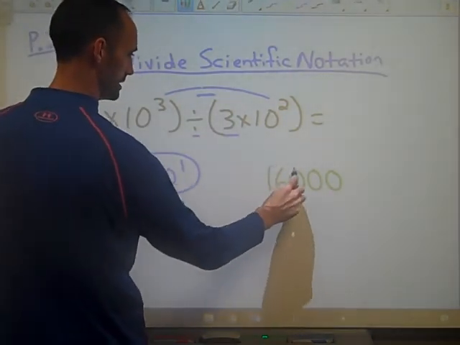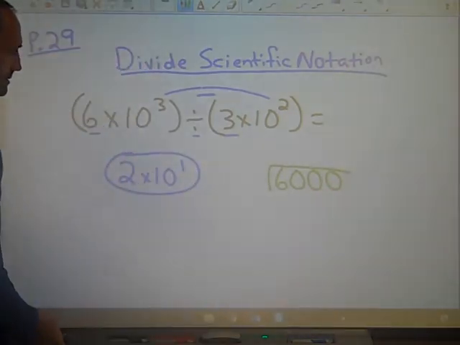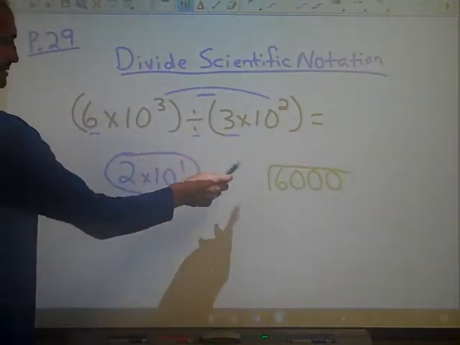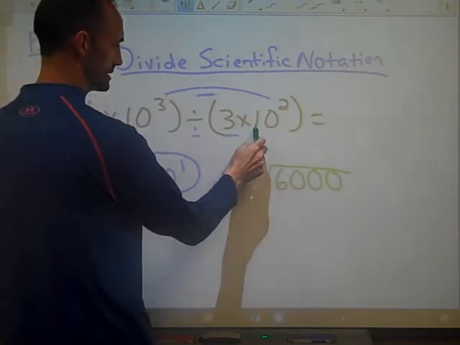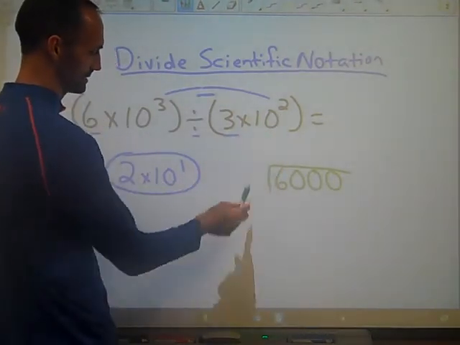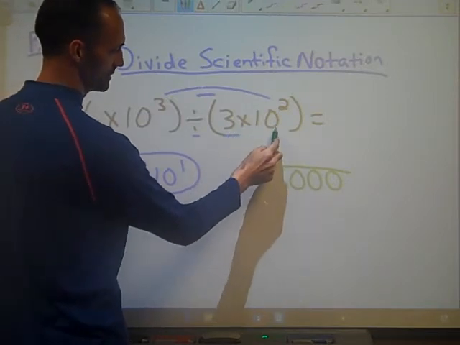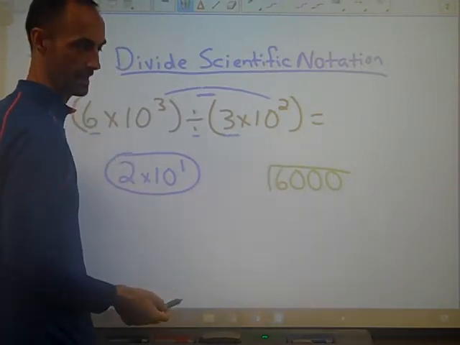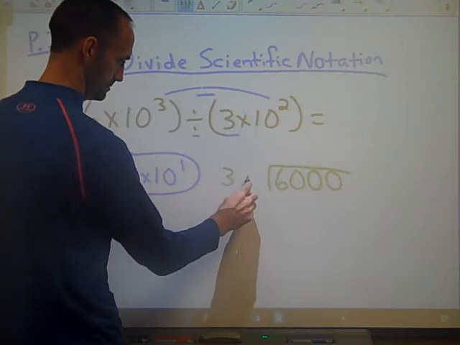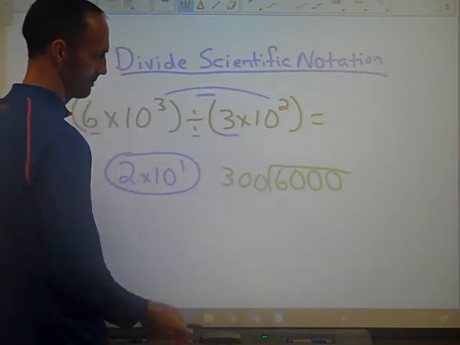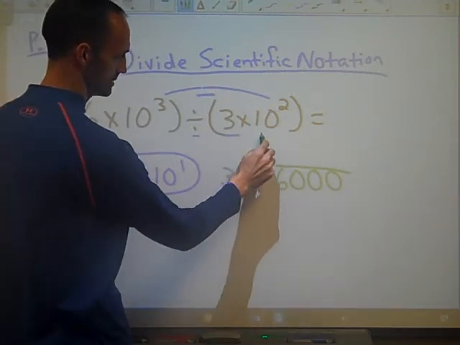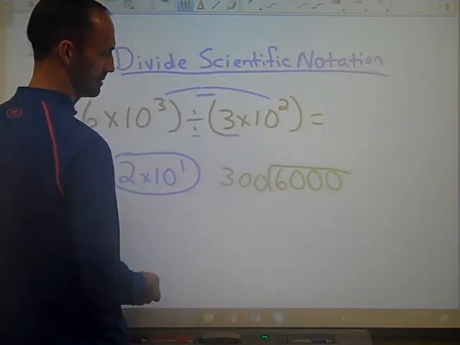And we're going to divide that by 3 times 10 to the 2nd. So positive 2, the decimal is going to move 2 places to the right, which equals 300. We've got 2 spots.